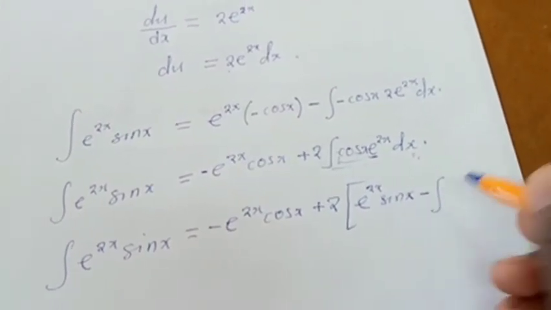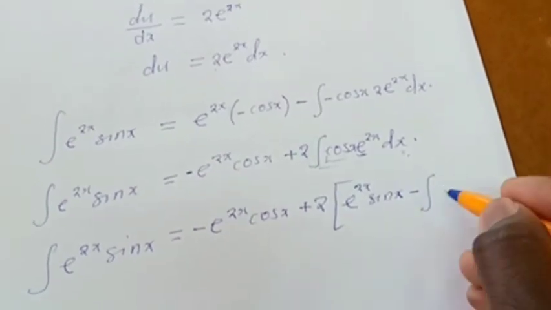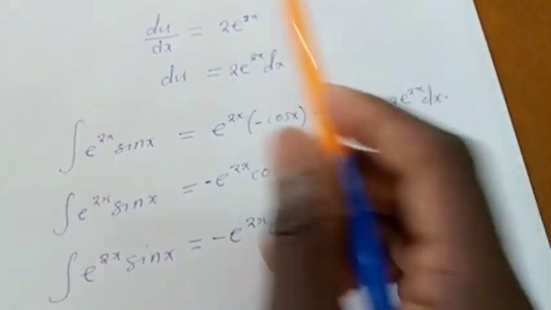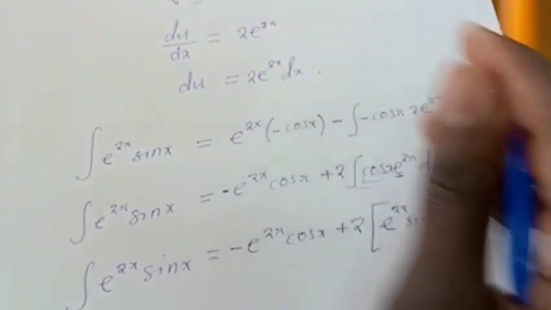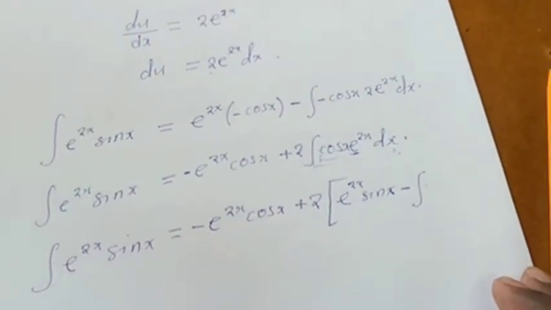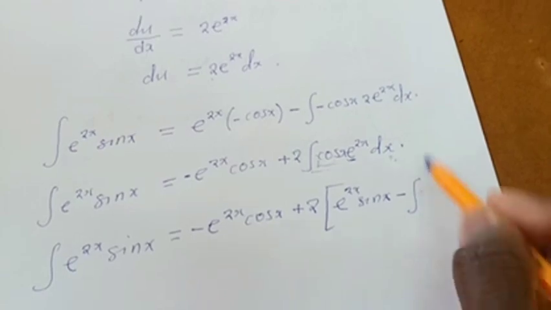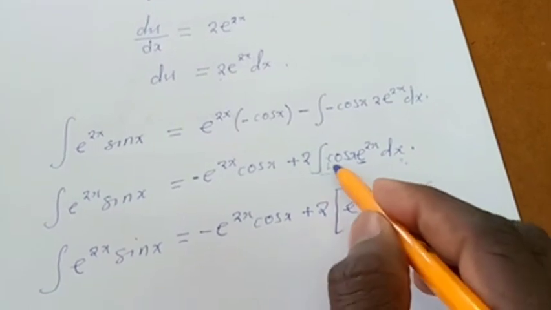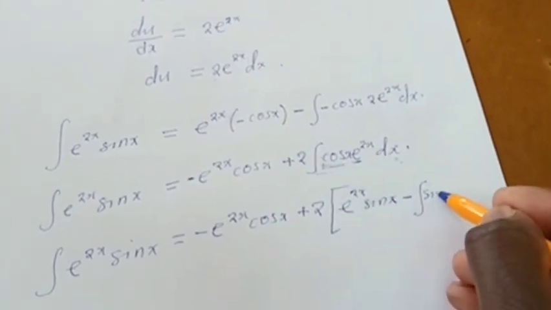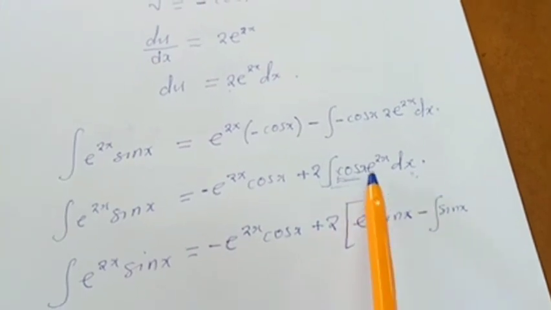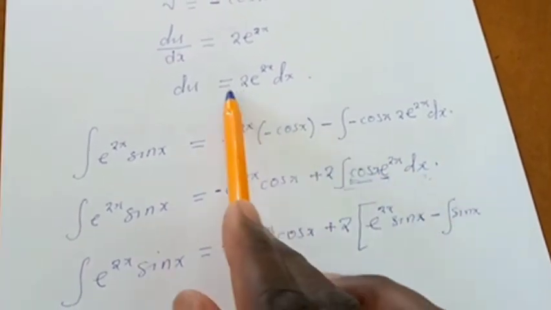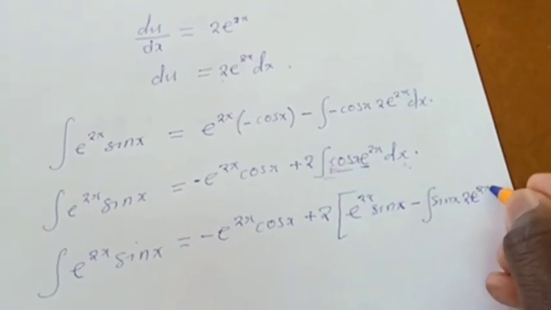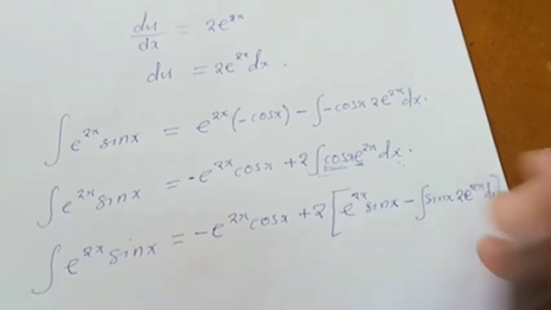Say minus integral of v, the integral. Okay, I remember the integral of this one is sin x, but whenever you let this one be u and you differentiate it, we are getting that one, so it is going to be 2e to x dx, and close like this.